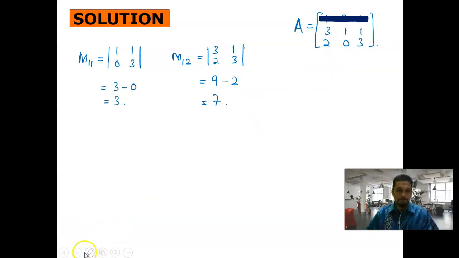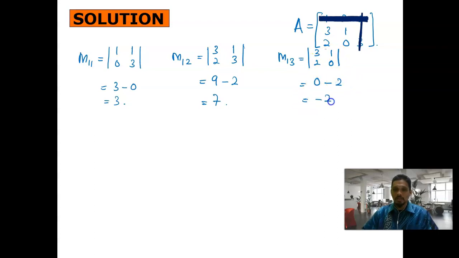Next one. So we delete row number 1 and column 3. What's left is 3, 1, 2, 0. So 3 times 0 equals 0, minus 1 times 2 equals 2.